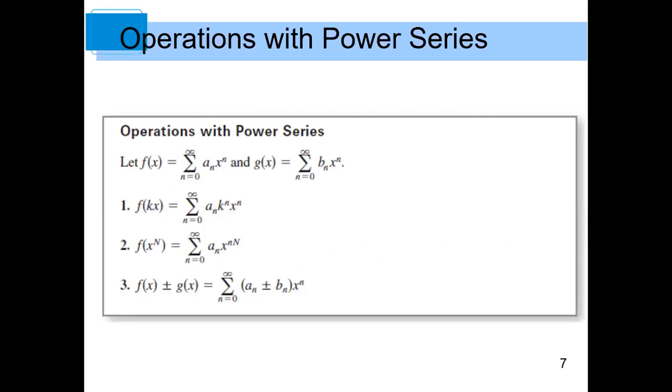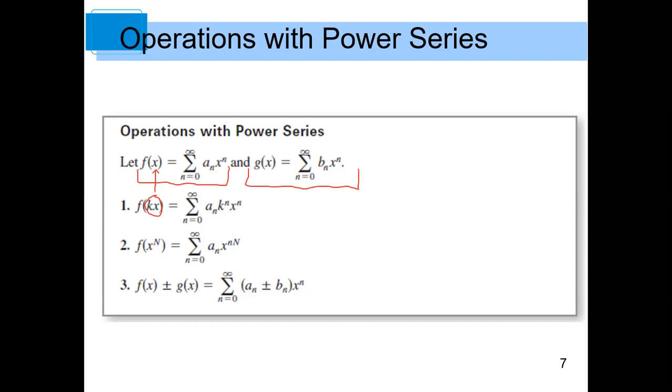Here's just a screen grab from the book. If I start with a couple of power series, f of x and g of x, one is just a_n x to the n going from 0 to infinity. The other one is this guy. If I replace x with kx, then of course I just go into the power series and I get an extra factor of k to the n, yes?